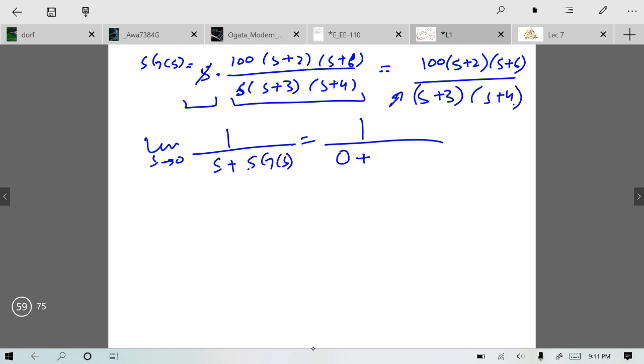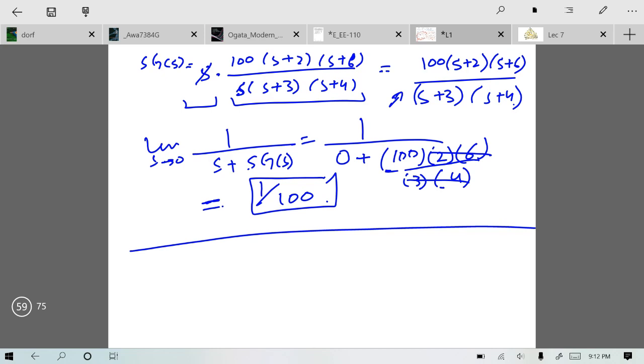It would be 100 multiplied by 2 multiplied by 6 divided by 3 multiplied by 4. So 6 multiplied by 2 is 12, and 4 multiplied by 3 is 12. So 12 over 12 cancelled. So overall the steady state error would be 1 over 100.